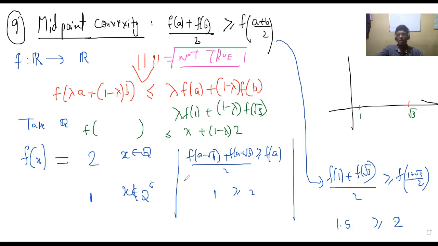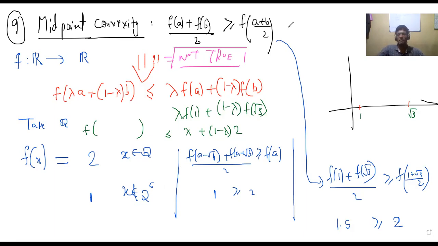If I make the rationals big, then there is a problem in the conjugate case. And if I make the rationals small, then also it will not work. So this example, this way doesn't work.